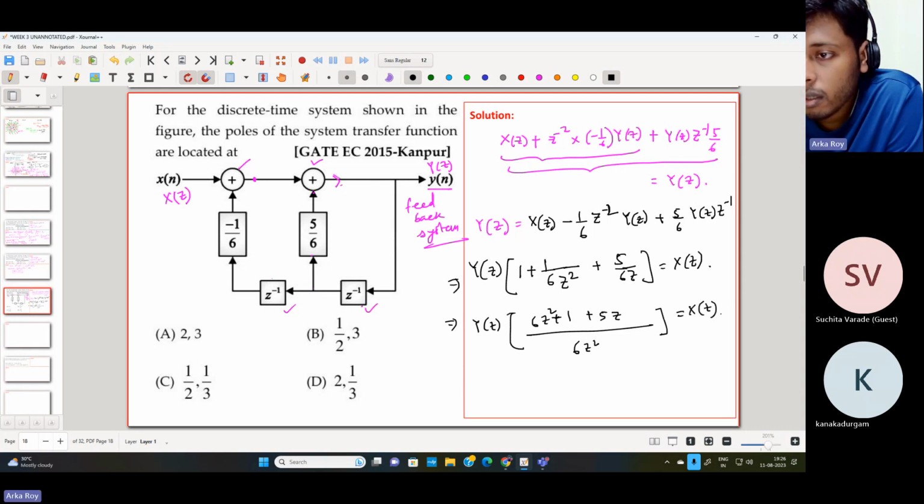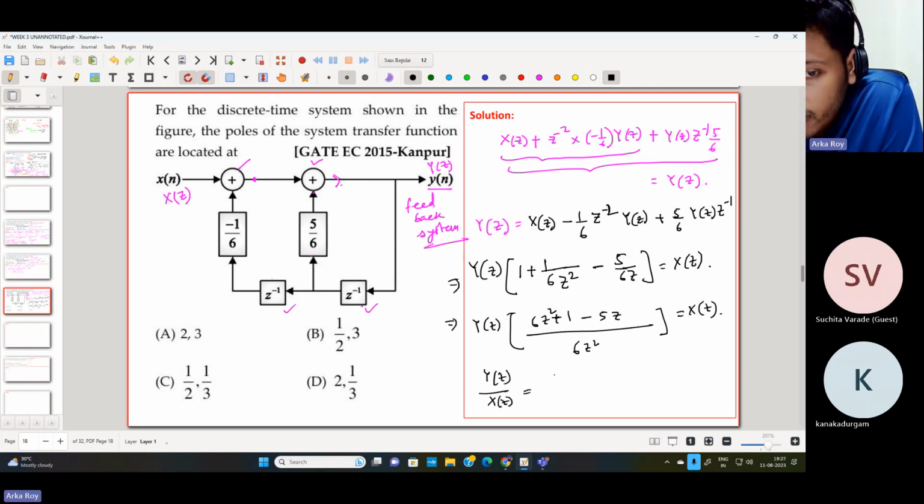I guess I made some mistake. So this will be minus, and the same thing over here. So Y(z) by X(z) is effectively 6z squared divided by 6z squared minus 5z plus 1.